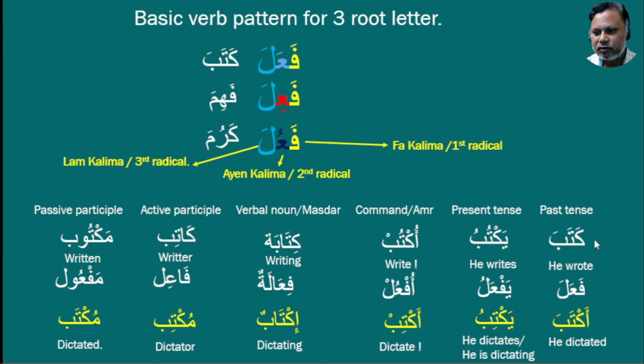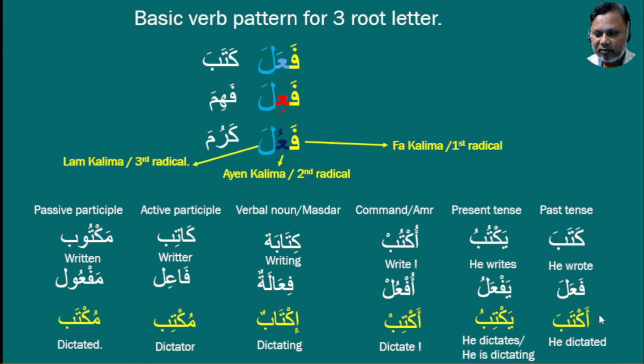Now if we want to make a new verb related to the kataba family, where kataba means he wrote, and we want to say he dictated, meaning he was not writing himself but instructing someone to write, in that case a new verb will be required. The new verb here will be aktaba.